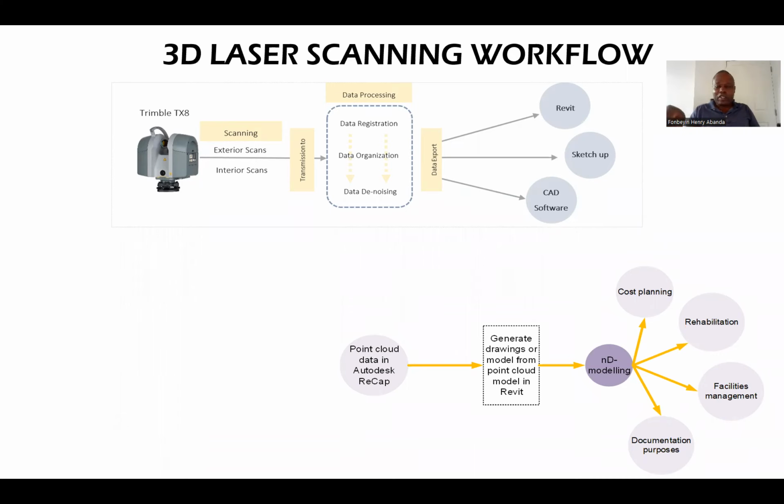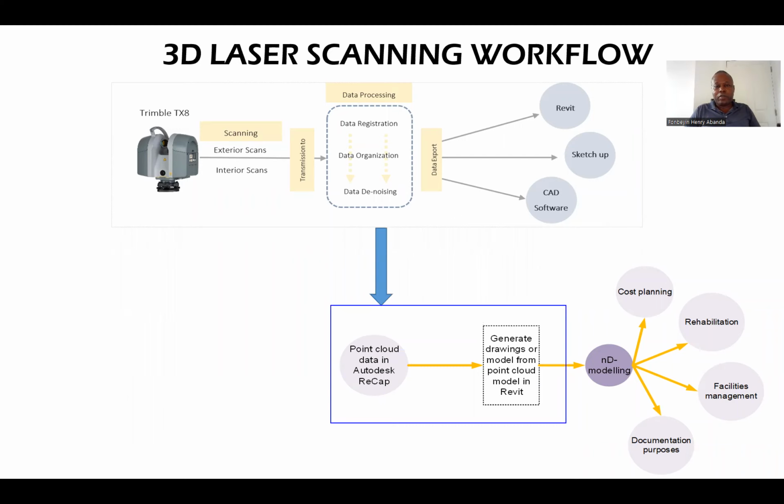Now, the reason I've used Trimble TX in there is because we have it in our BIM laboratory. That's just a simplified one that I need to show, which is exactly what I'm going to do in part 2 of this presentation.